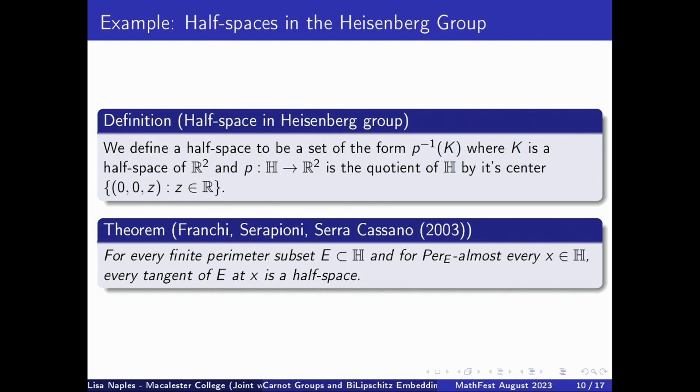This result agrees with the one from Euclidean space that I showed in the picture. But this result is strictly for the Heisenberg group and not for general step-s Carnot groups. So we still have to know: does this result, the thing that we get in Euclidean space, still hold in general step-s Carnot groups?